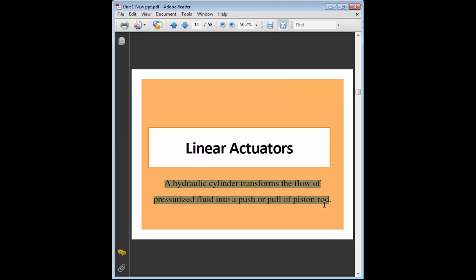The linear motion obtained from the hydraulic cylinder can be used.